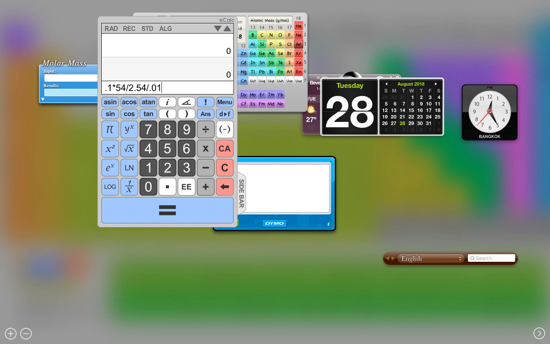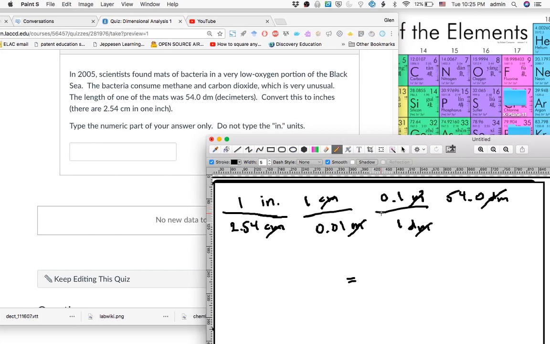Did you see that? I pressed the divide sign twice. It is not 0.1 times 54 divide 2.54 times 0.01. No, it is not times 0.01. Unless you use parentheses, if you put times 0.01 in your calculator it is going to think you meant that 0.01 is up here. You have to type divide 2.54.